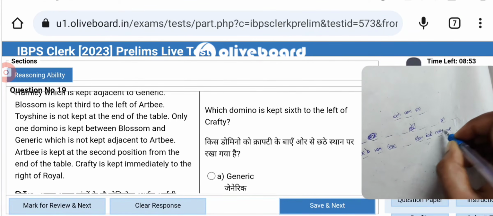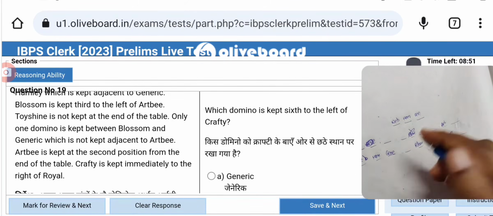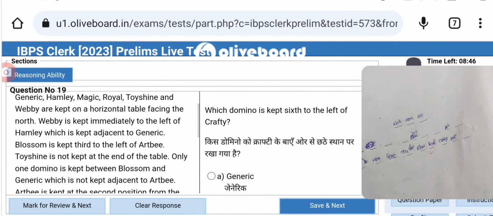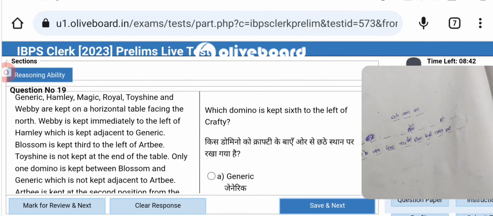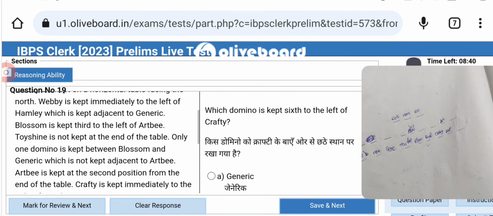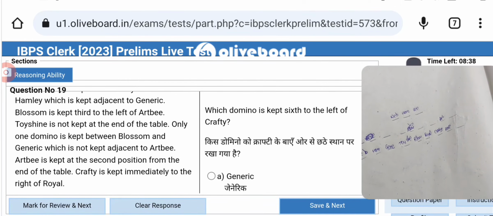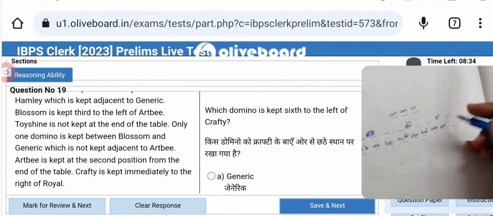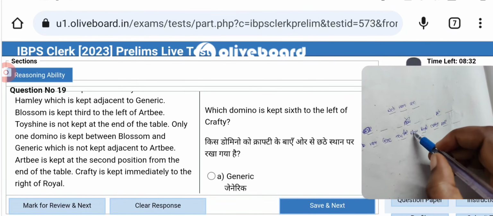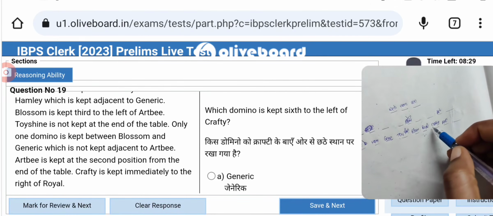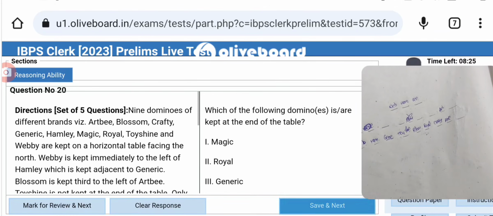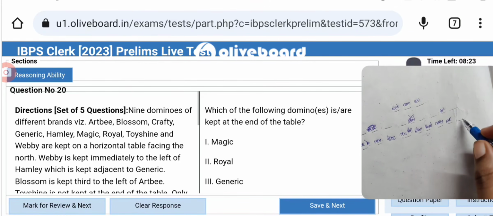Toishan is not, so this is Toishan. Blossom and Generic. Which domino is 6 to the left of Crafty? 1, 2, 3, 4, 5, 6. Webby, end of the table.